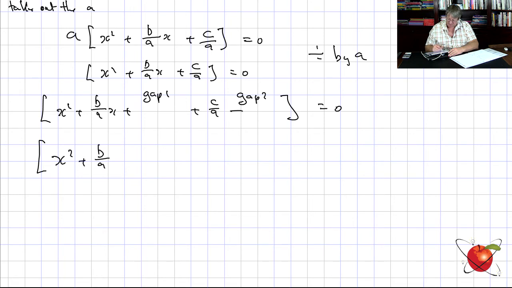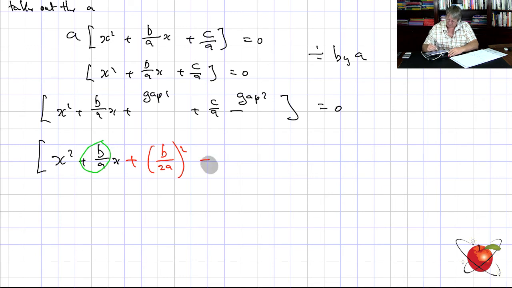Plus b over a x, and we said we must add in half of the coefficient. What is the coefficient? It's plus b over a. So I need to add half of b over a, which is b over 2a, and square it.